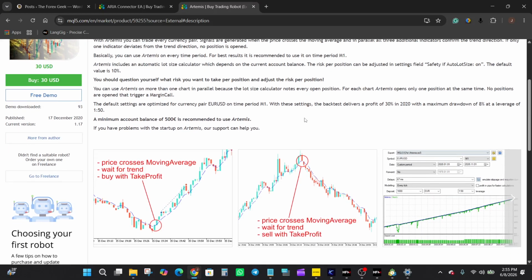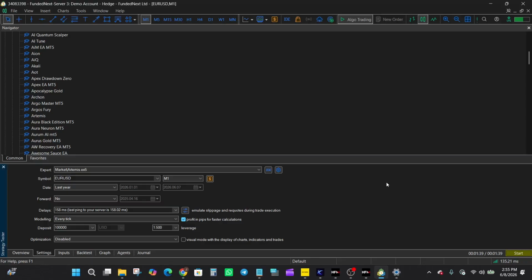Since this EA is based on moving average crossings combined with multiple indicator confirmations, I'm paying attention to how often signals appear and how strict the confirmation filter seems during different market phases. The recommendation to use M1 is also important here because lower time frames typically produce more frequent signal generation, which can significantly affect trade frequency and exposure.